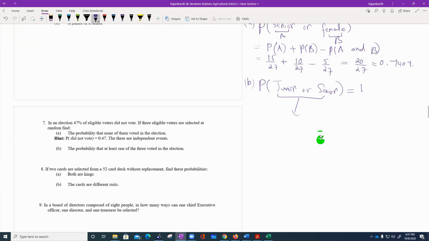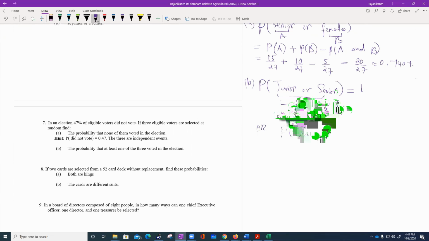But if you want to get in detail, you could think of again A and B events. Now these two events are mutually exclusive, right? Choosing one student, either junior or senior, you cannot have both at the same time. Therefore, this is mutually exclusive, right?